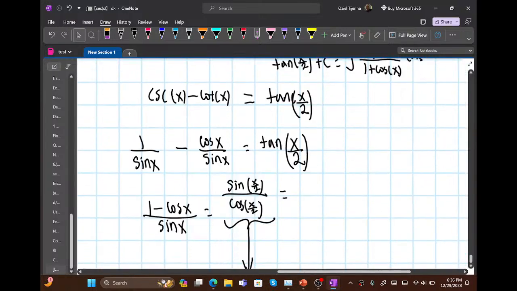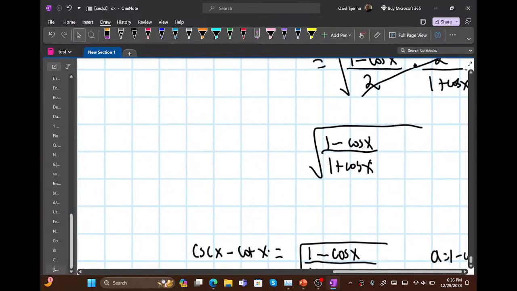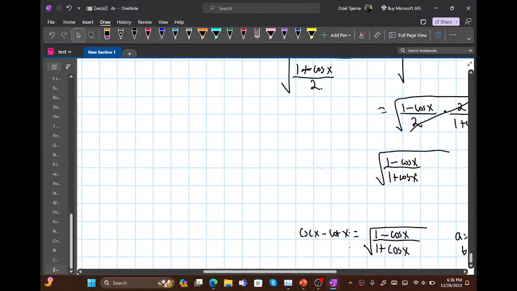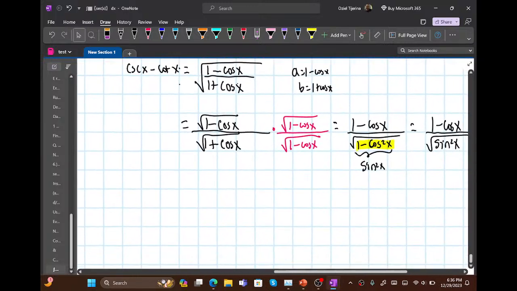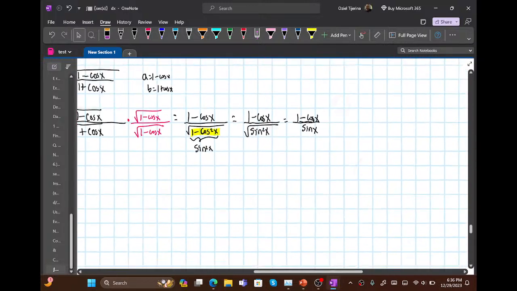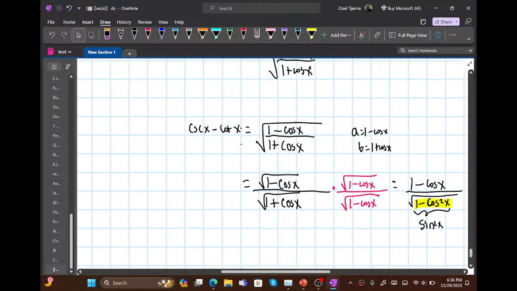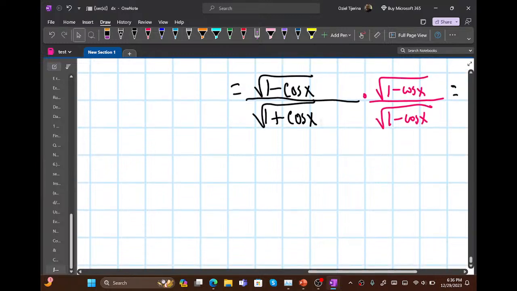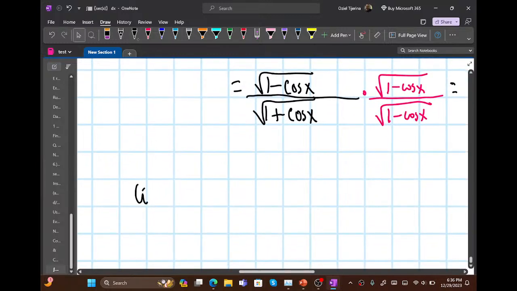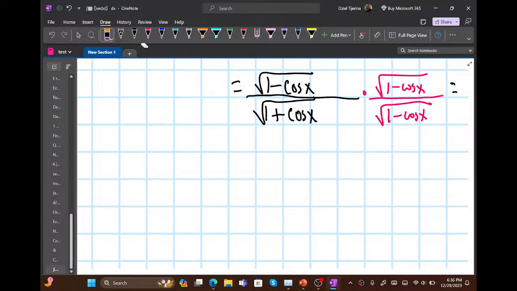And so our original expression, guys, was the fact that this entire thing is really cosecant x minus cotangent x, and that is why the tangent of x over 2 is what that is.